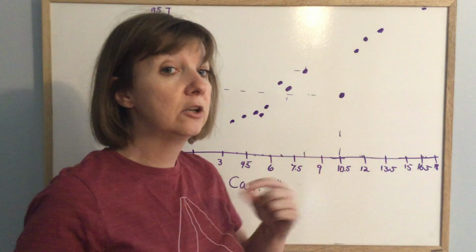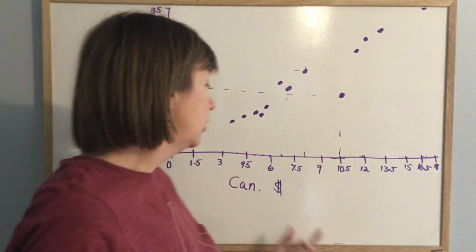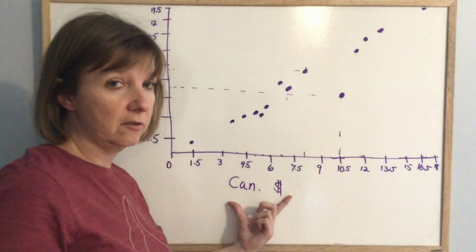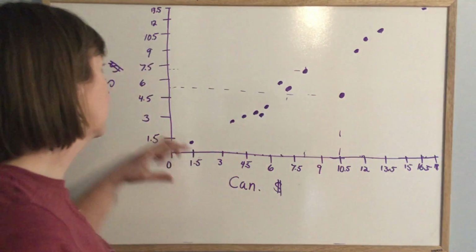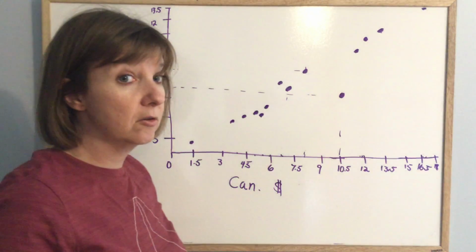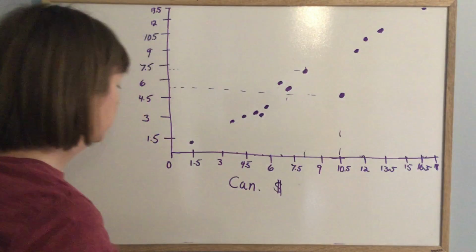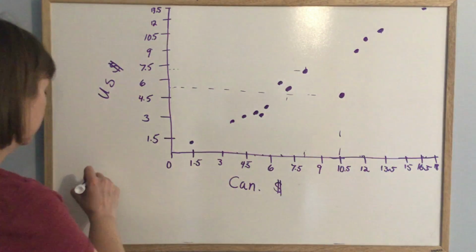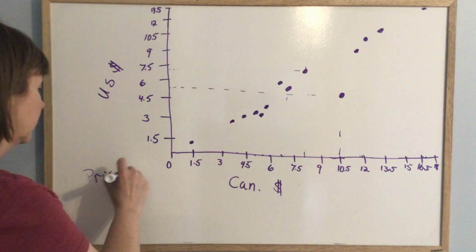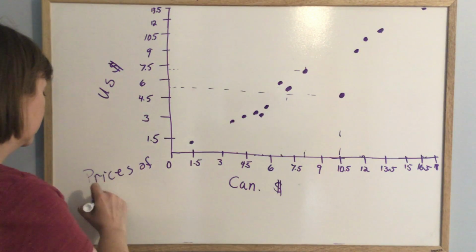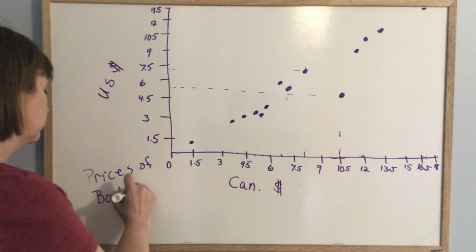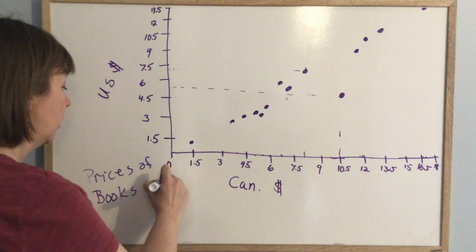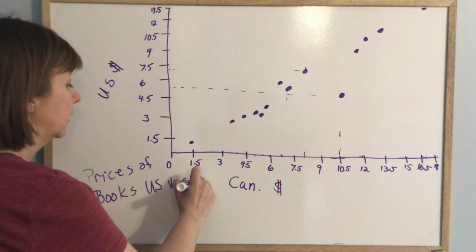Let me say that again. You must label it. You have to put, what is this axis? This axis is Canadian dollars. This axis is US dollars. And you're even supposed to put a title. The title for this would be Prices of Books, let's say US versus Canadian.